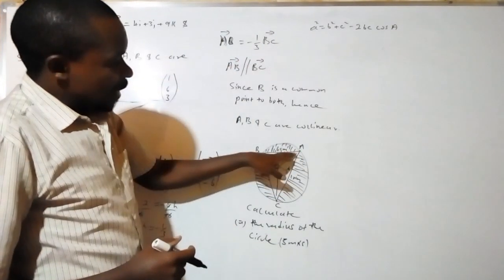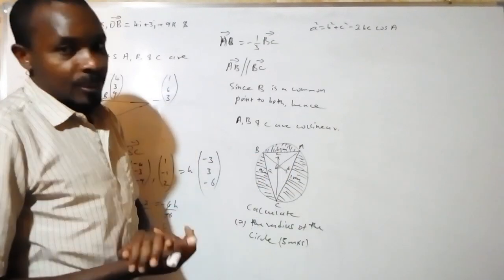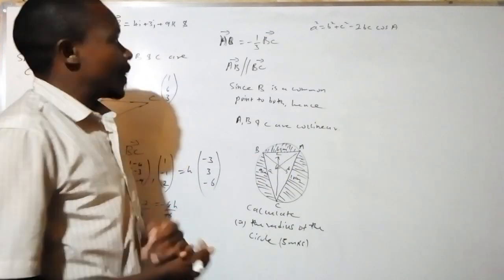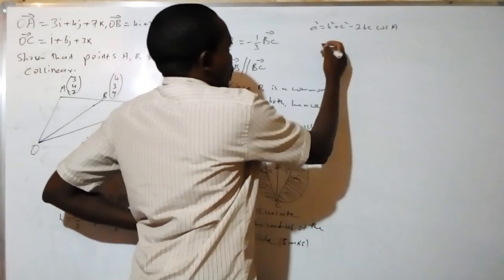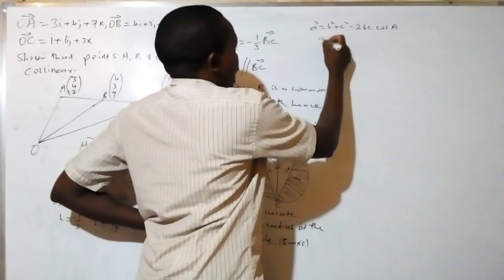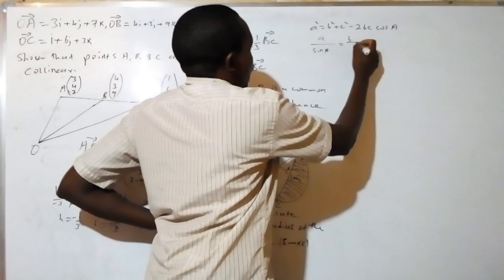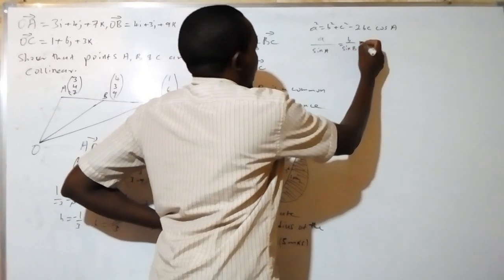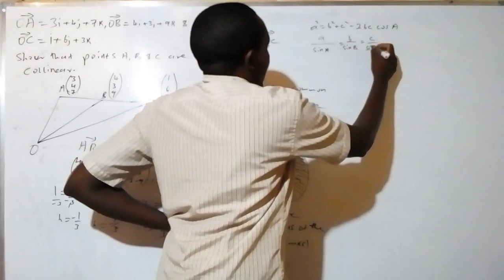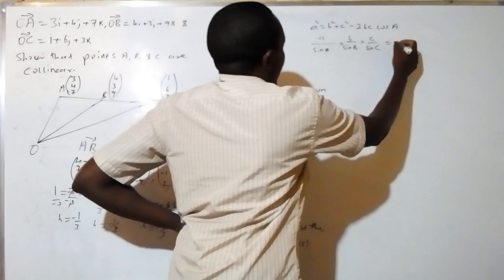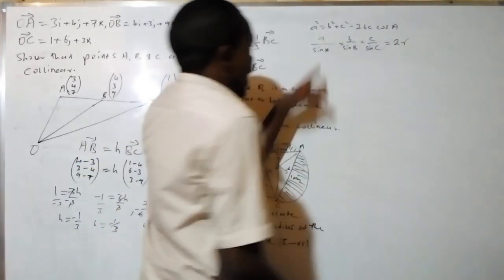Then after that we are going to use the sine rule: a over sine A is equal to b over sine B is equal to c over sine C is equal to 2R, for any angle that we get.